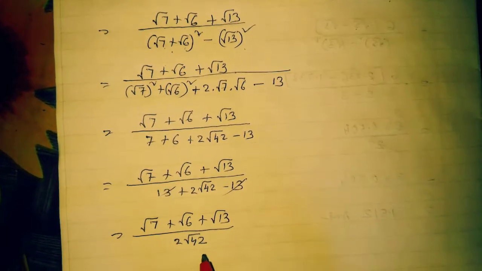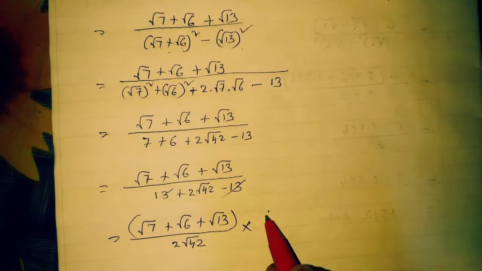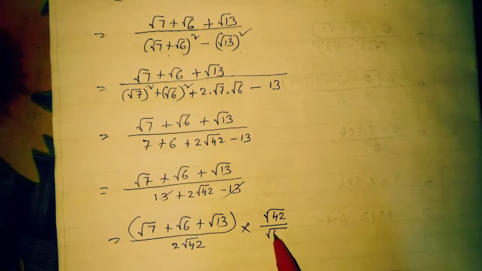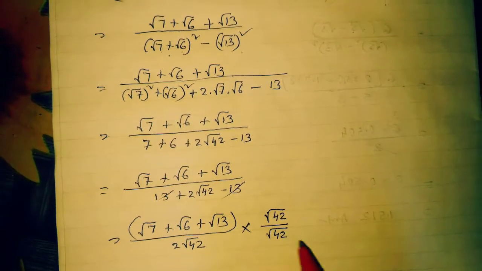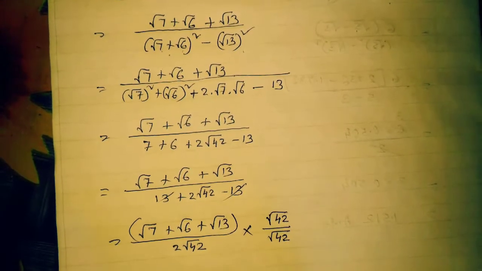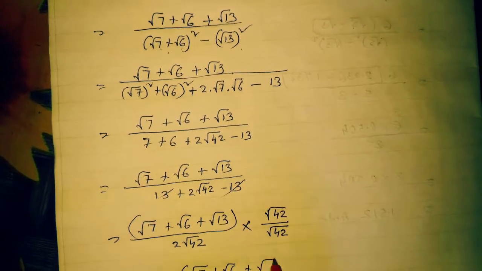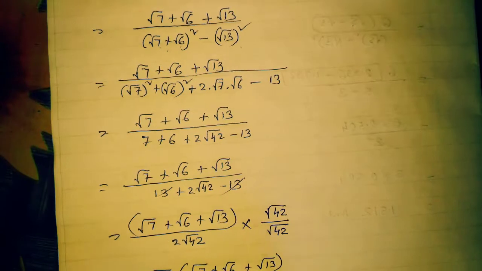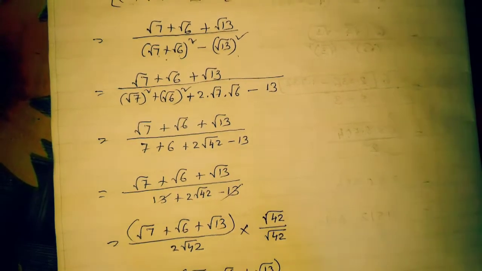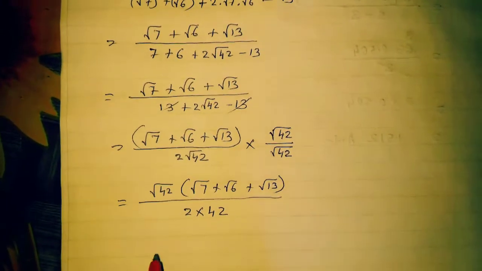So the rationalizing factor of root 42 is root 42. This will be multiplied in numerator and denominator by root 42. So if you multiply by root 42, we'll get root 42 into the bracket root 7 plus root 6 plus root 13, divided by 2 into root 42 into root 42, which is 42.